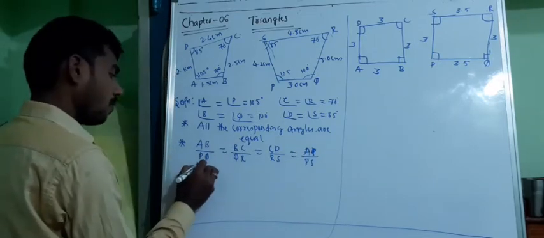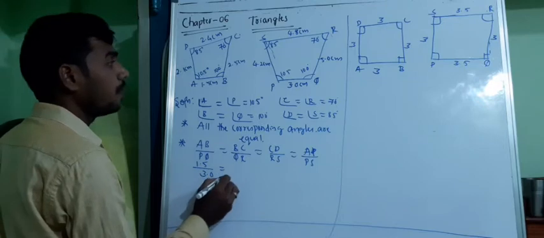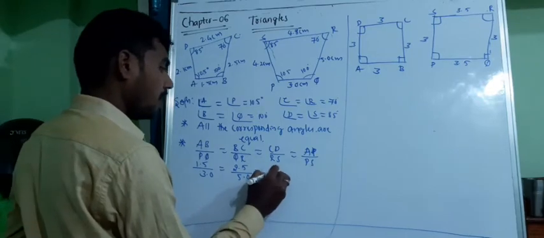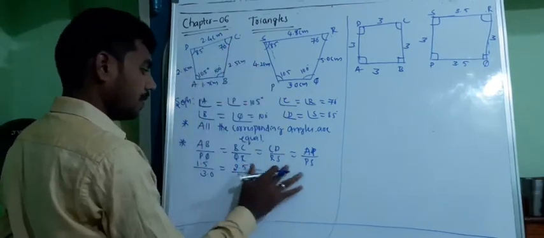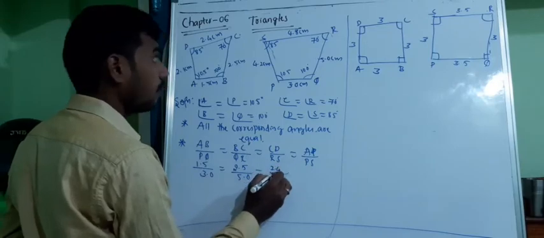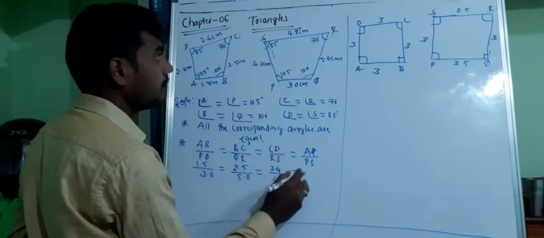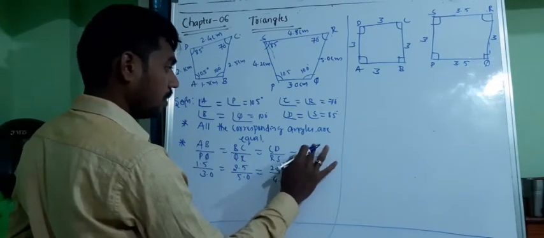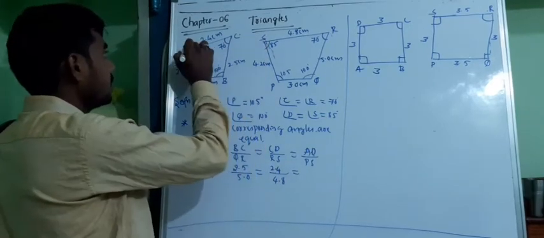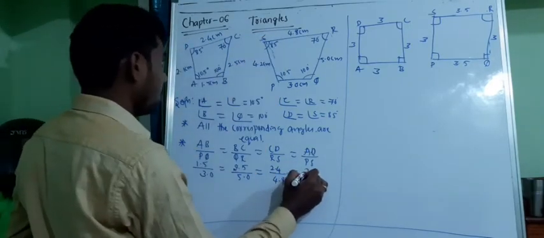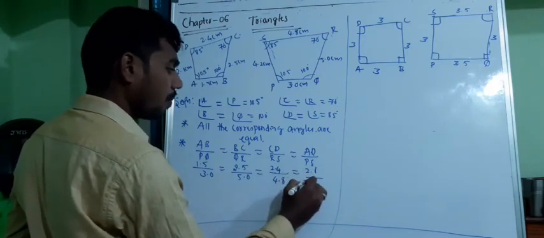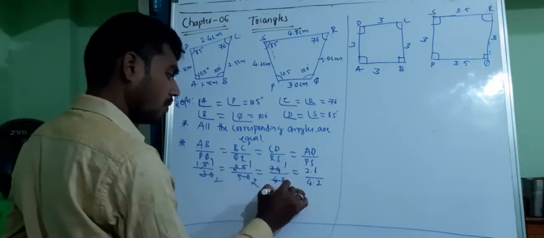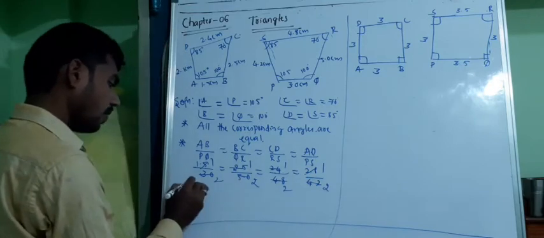AB is 1.5 divided by 3.0, BC is 2.5 divided by 5.0, CD is 2.4 divided by 4.8. Next, AD divided by PS, AD is 2.1 centimeters divided by 4.2. So everywhere it is 1 by 2.